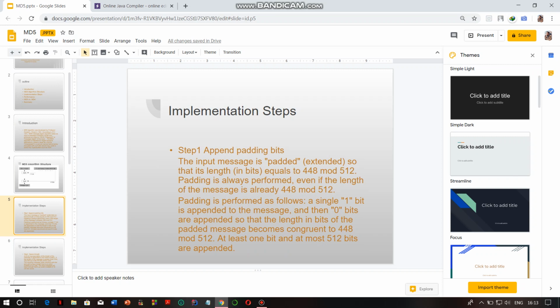Padding is done such that the total bits are 64 less than a multiple of 512 bits length. Padding is done even if the length of the original message is already congruent to 448 modulo 512. In padding bits, only the first bit is 1 and the rest are 0.